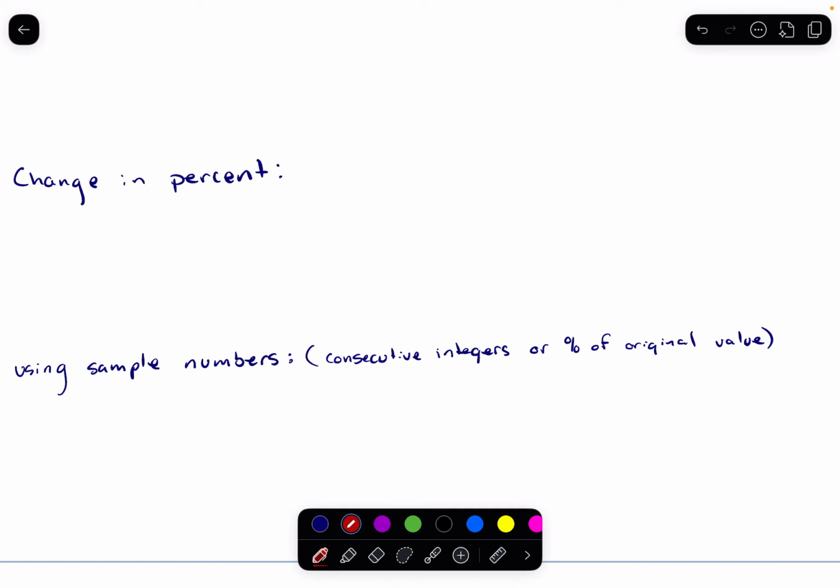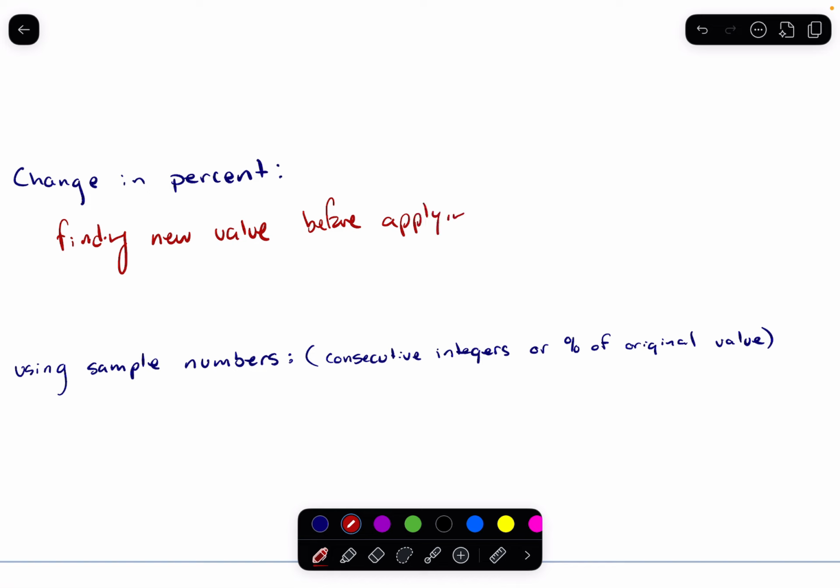Well, you have to do the 5% raise first and find the new value, and then figure out the tax percentage of the new value. You can't do the 5 and the tax at the same time. It doesn't work that way. So anytime there's a change in percent, make sure that you're finding the new value before applying the next percent.